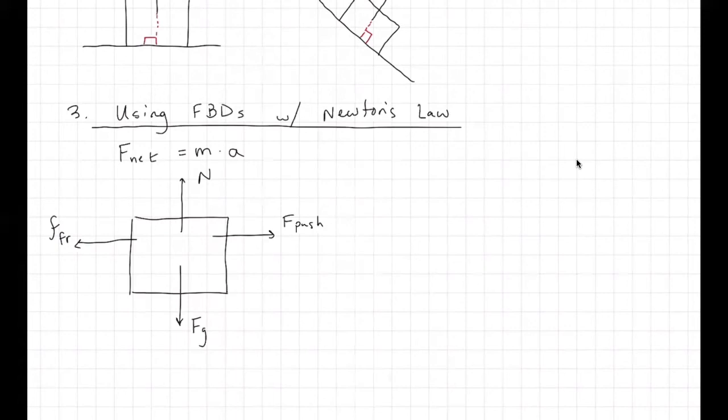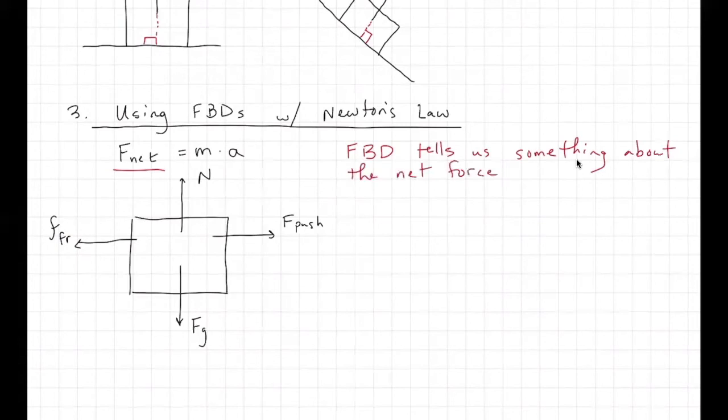What we want to do is we have a picture of all forces. The free body diagram tells us something about the net force, and that's useful because if we want to find acceleration, we need to know something about the net force.